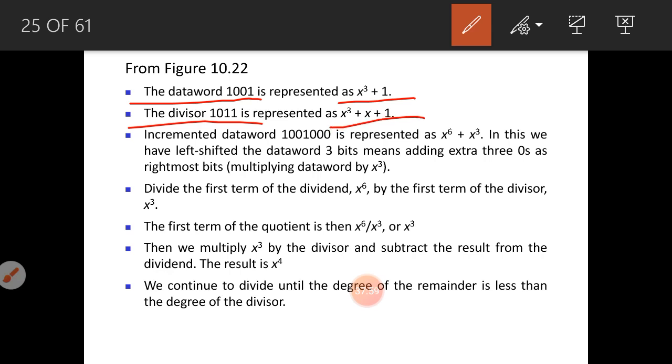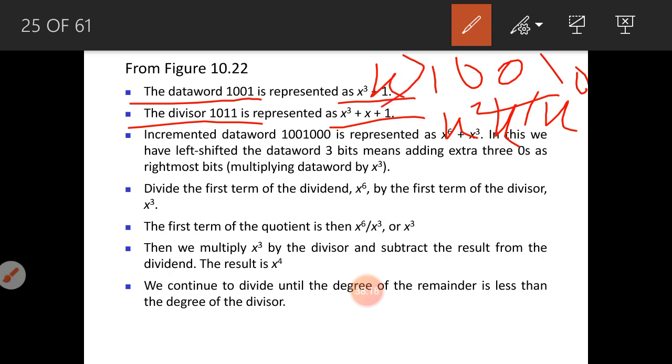How do we need to represent it in polynomial form? You have to take this 1001. The last one is nothing but x raised to 0, this is x raised to 1, this is x raised to 2, and the last one is x raised to 3.